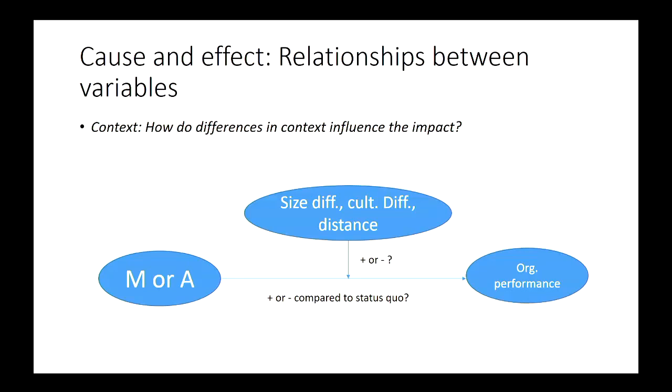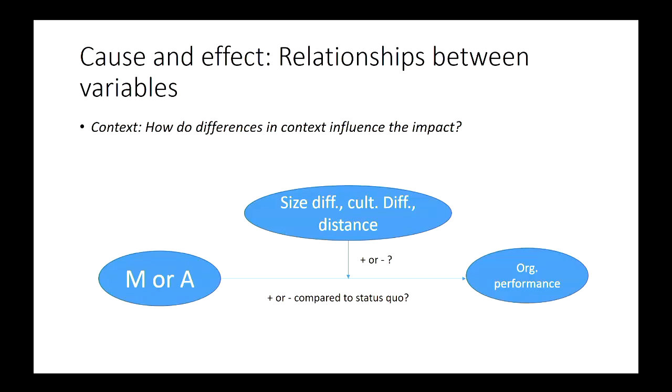Now, here we bring in the complication, right? We bring in the context. So, on average, let's say you want to see the impact of mergers and acquisitions on organizational performance. But you also want to see under what conditions they are likely to be more successful or less successful.